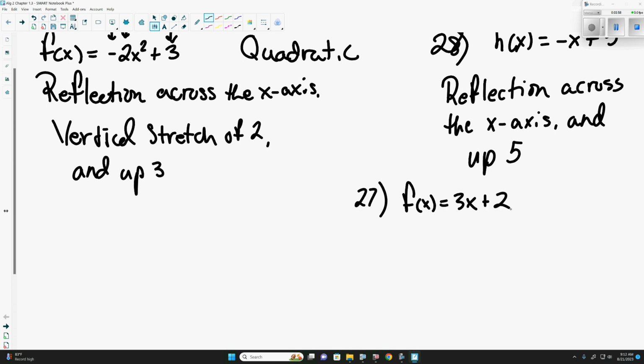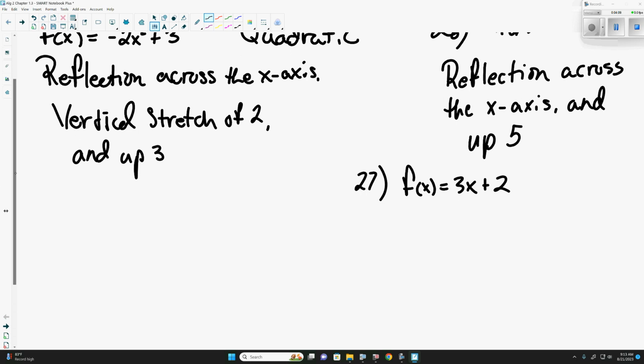So 3x plus 2. This time we don't have a reflection because there is not a negative sign in front of the x or inside parentheses in front of the x. But we do have the 3. Now the 3 in front of x is a vertical stretch or shrink.